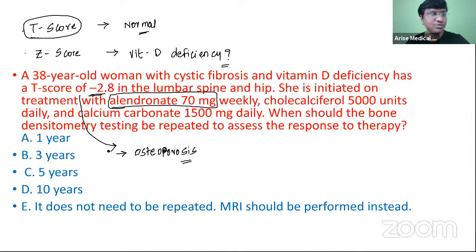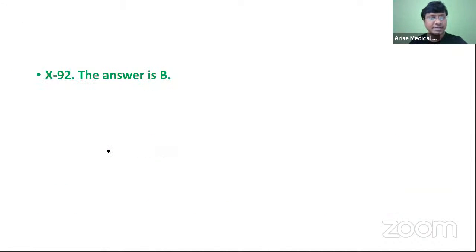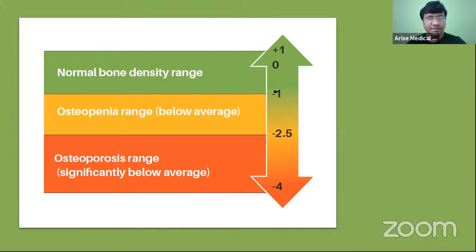Then what is the normal value of the T-score? The normal value is minus 1 to 0, so above minus 1 will be the normal bone density range.